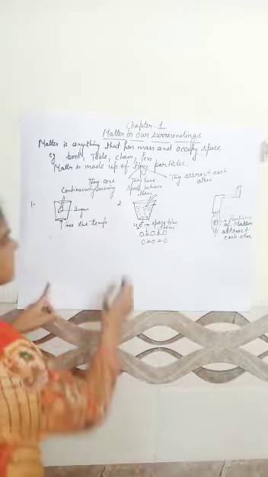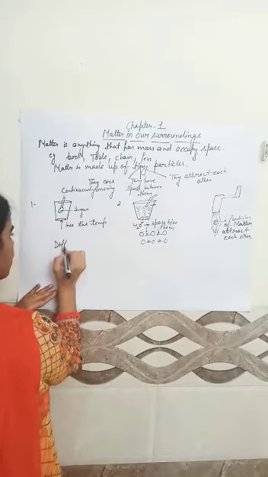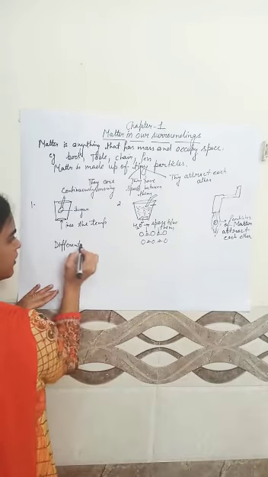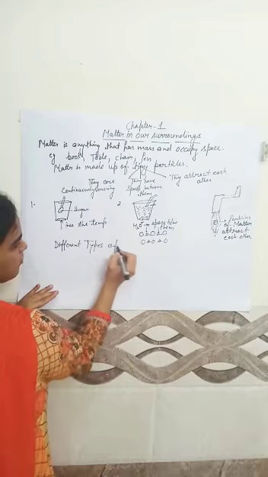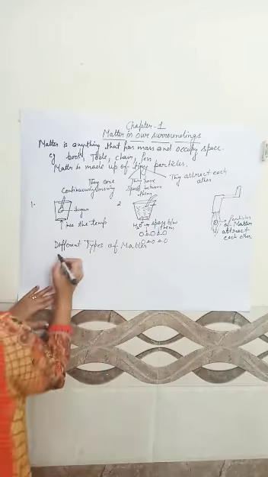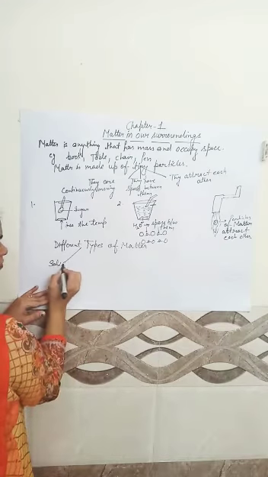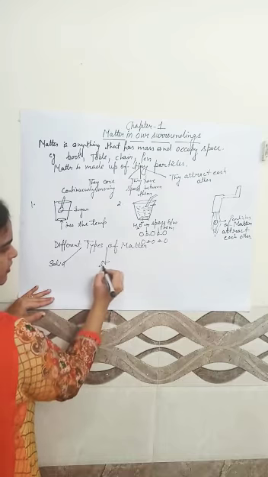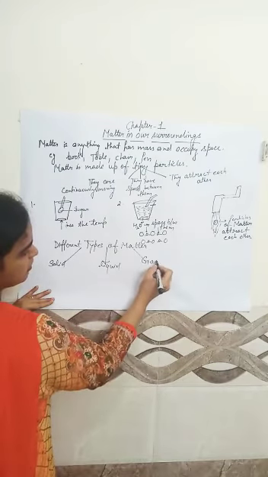Now the next topic: we have different types of matter. One is solid, another is liquid, and the third is gas.